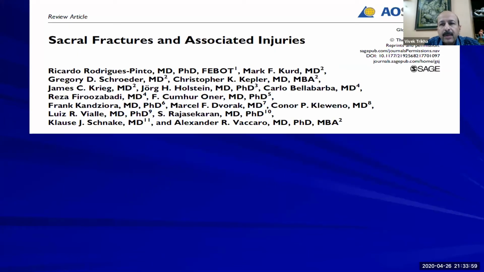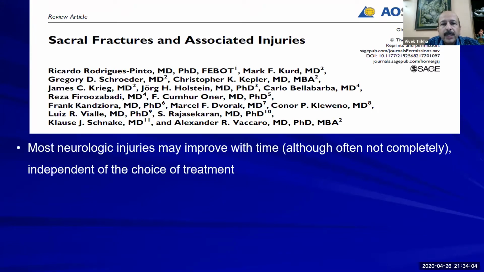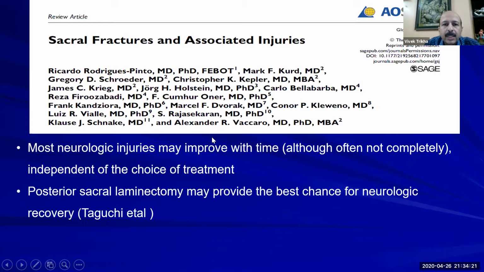If I look at the sacral fractures and their associated injuries, there is a huge review article from AO Spine which says that regarding the neurological injuries, most of them improve with time, independent of the choice of treatment. So this question comes many a time in sacral fractures with neurological injury, whether we need to decompress or not. This is the Spine Global admissions and the suggestions by Vaccaro and other colleagues. Posterior sacral laminectomy can provide the best chance for neurological recovery, provided there is a huge compressive bony element which you want to reduce.